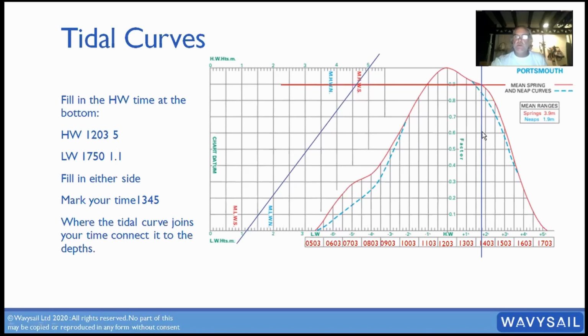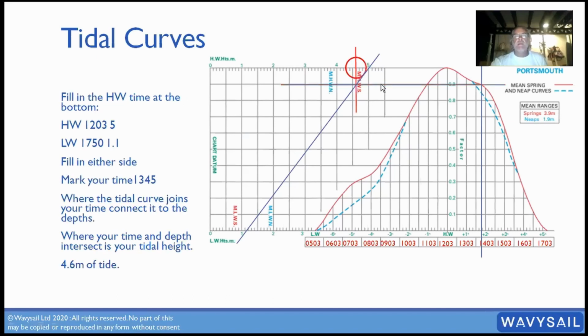So the vertical blue one here is our time. The horizontal red one is where it meets it. Okay? So it's literally on the red line there because of the springs. Where our original depth line meets our height of tide at that time is our height of water at that time.